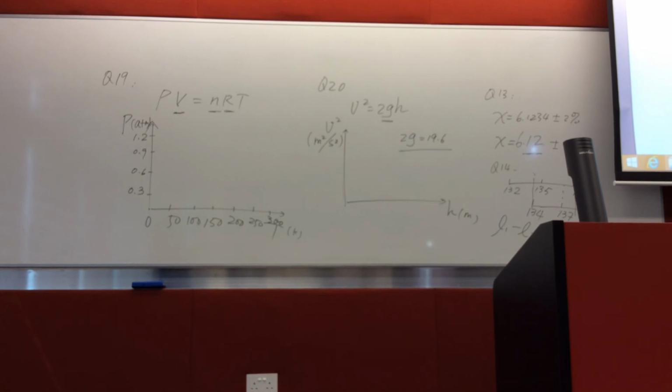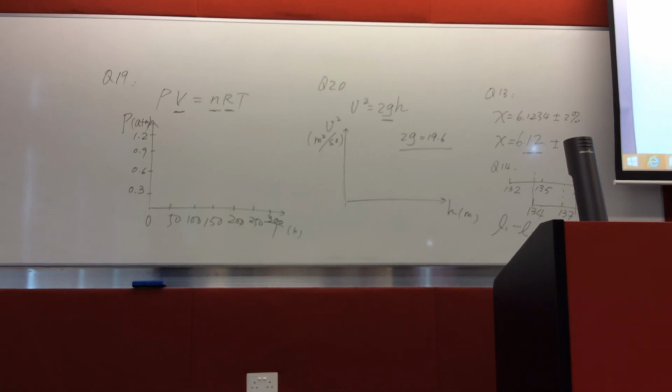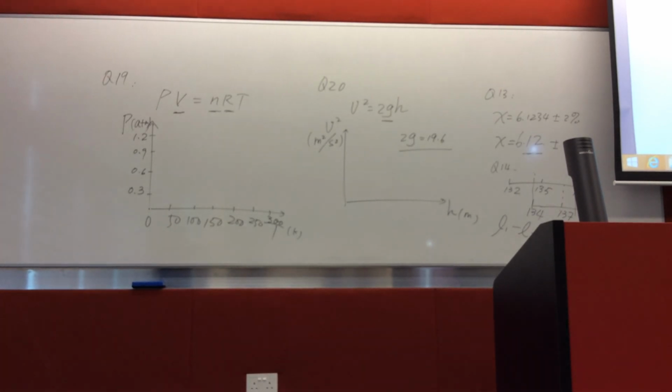You are given a set of data, you need to do a plot, and you need to find out the gradient. This is a very standard question. But every year the data will be different and the equation will be different. That's the only thing. So you have to prepare for this kind of question.